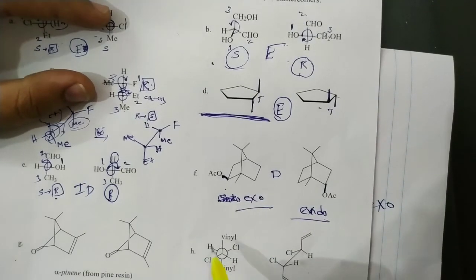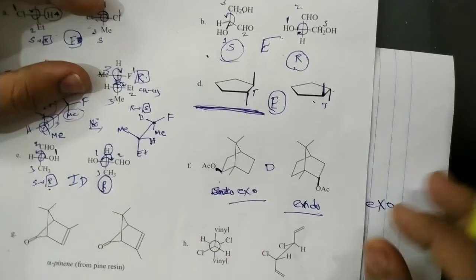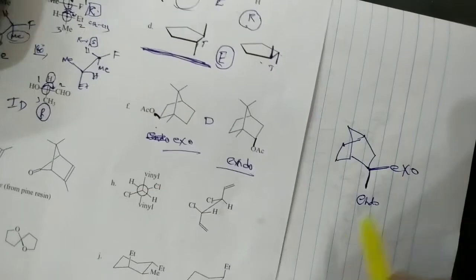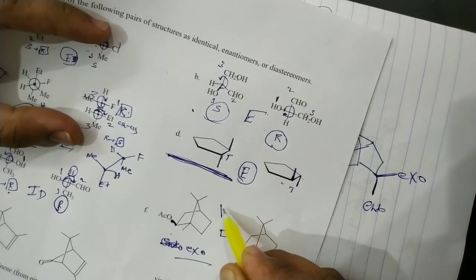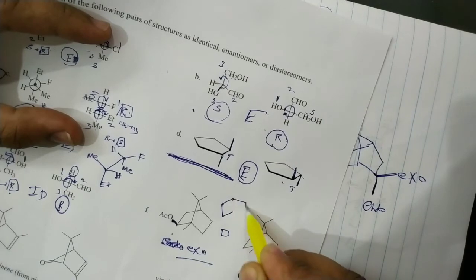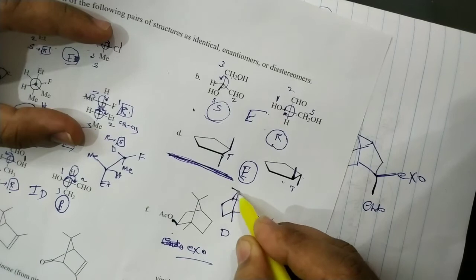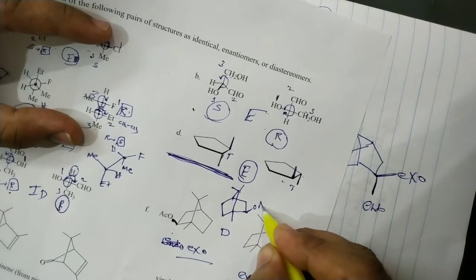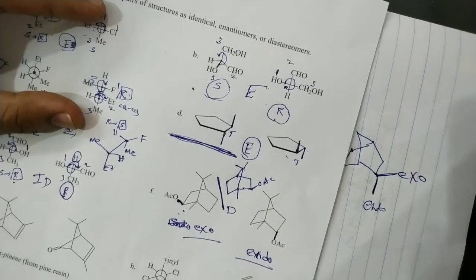So what is the mirror image of this compound? For this compound we can write the mirror image like this: methyl here, methyl here, OAc. These two are the mirror images, so these two are the enantiomers.